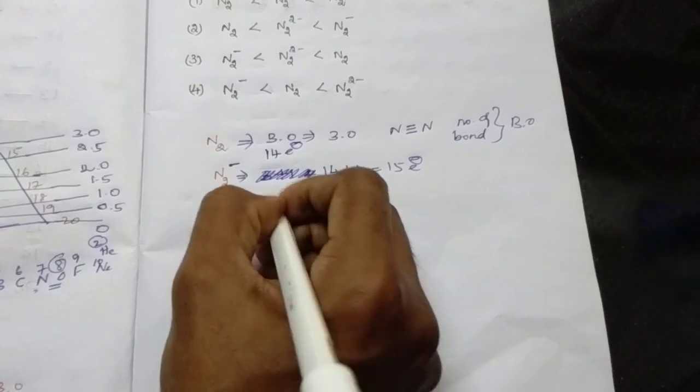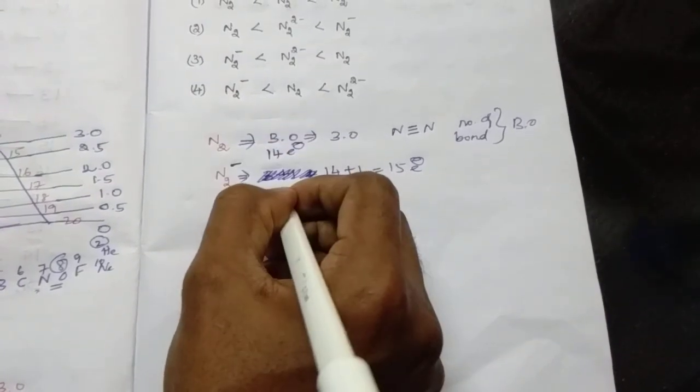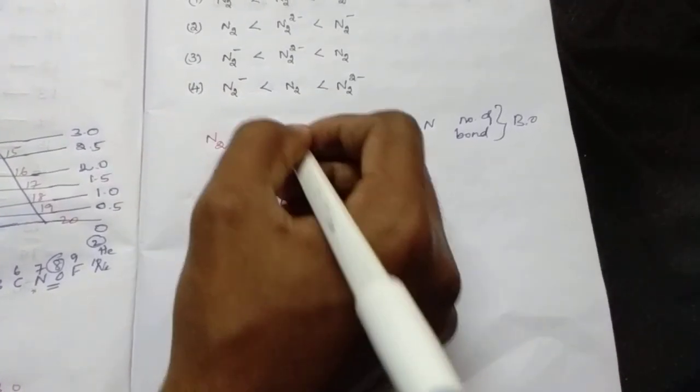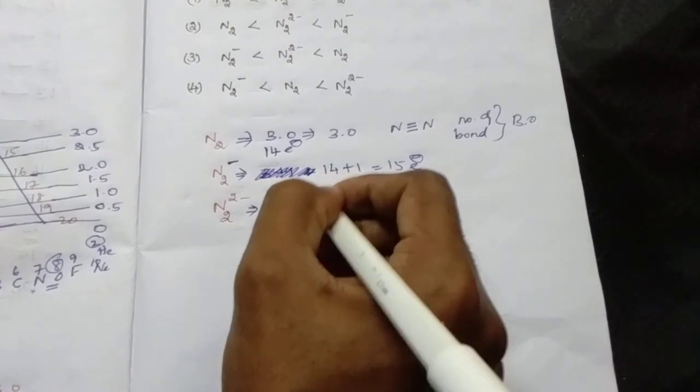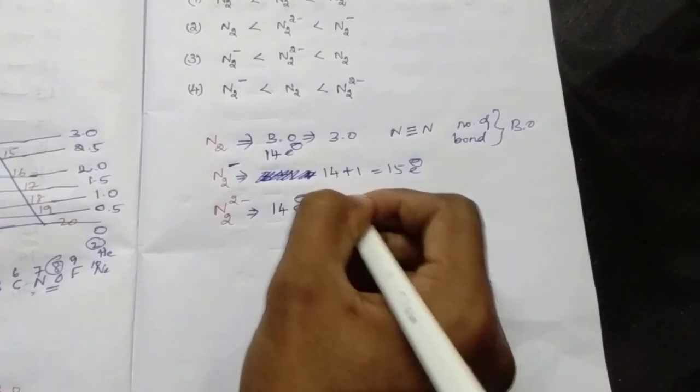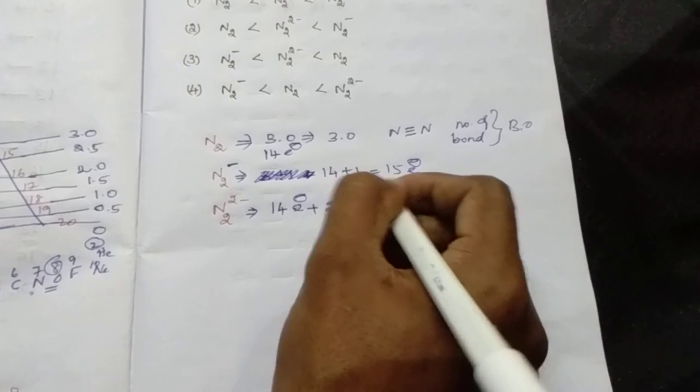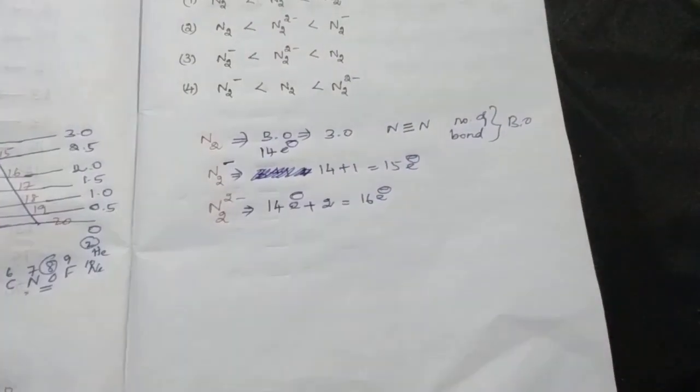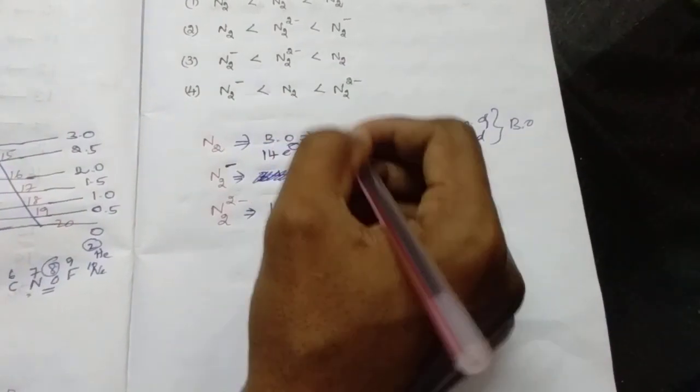For N2 2 minus, 14 for neutral, plus 2 electrons, so the total electrons are 16. For 14, the bond order is 3.0.